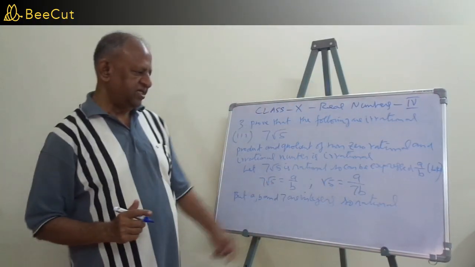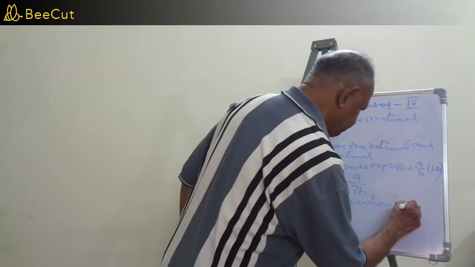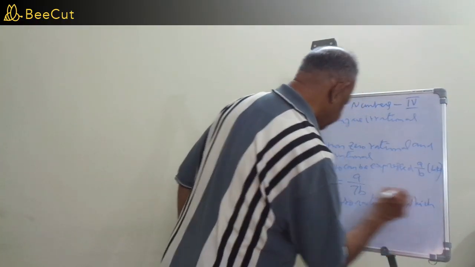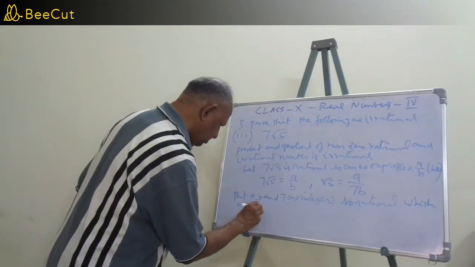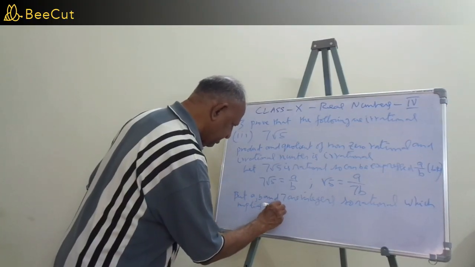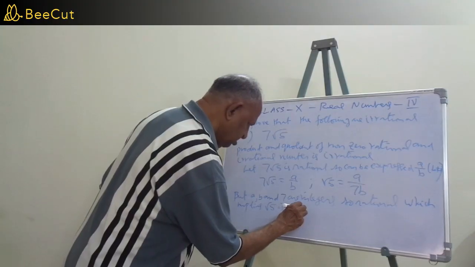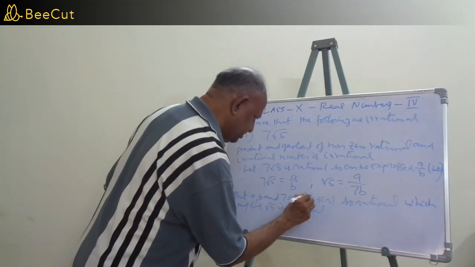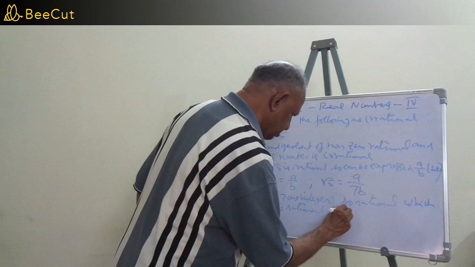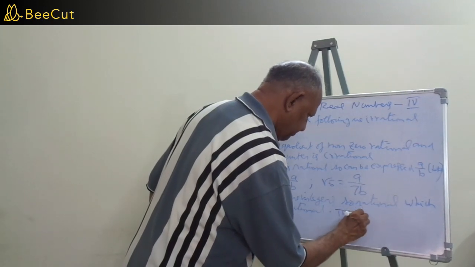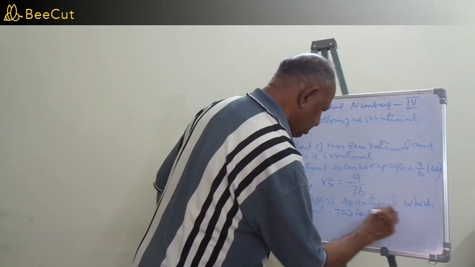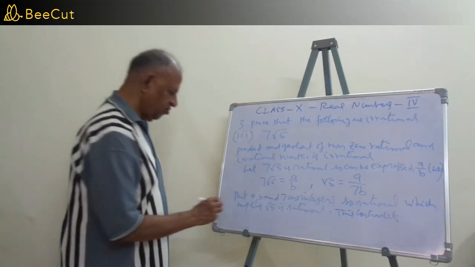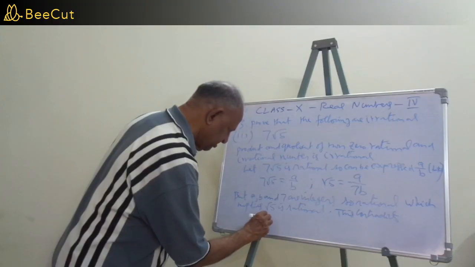That implies root 5 is rational. This contradicts. Hence 7 root 5 is irrational.